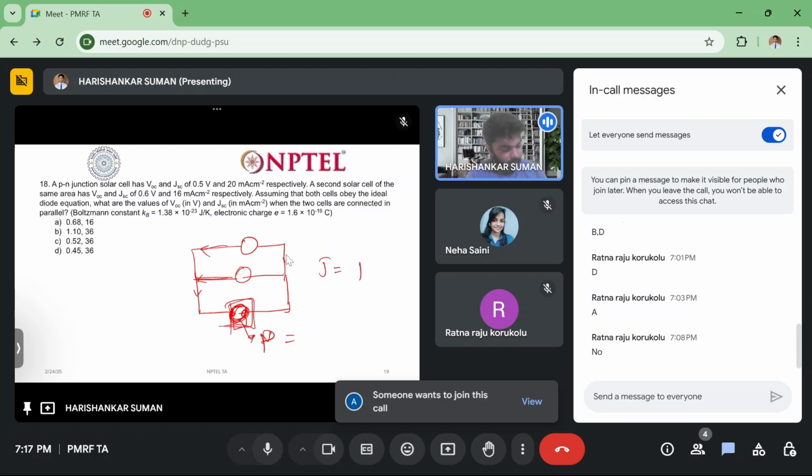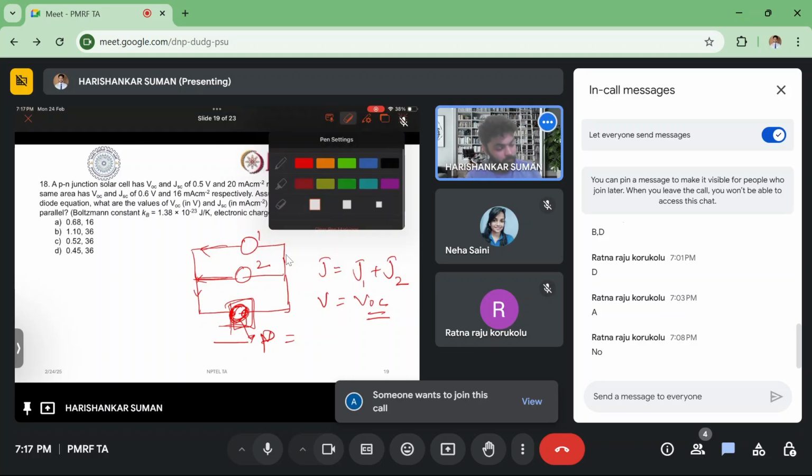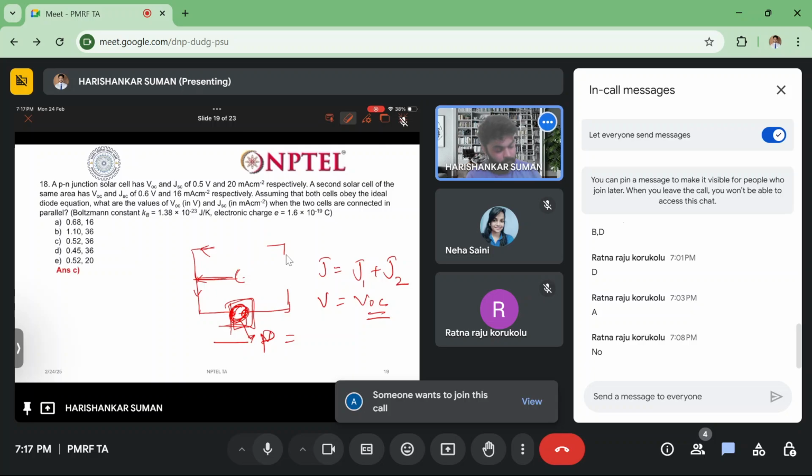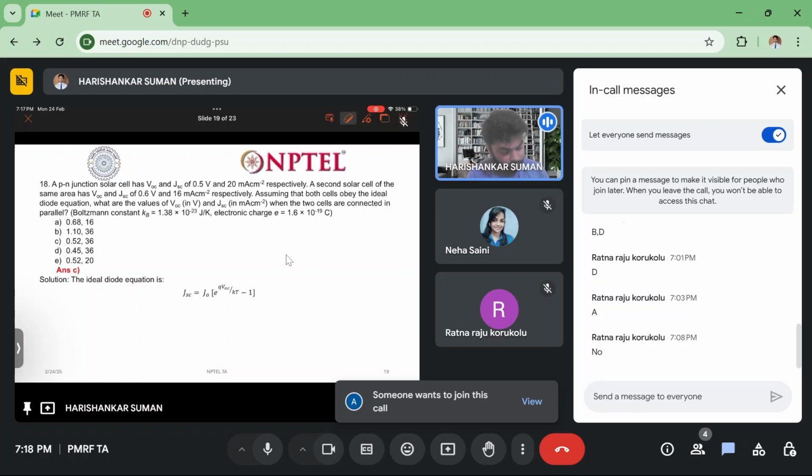The total current is J1 plus J2, for first and second, and V is the same for both. Okay, so let's see the answer solution. We know the diode equation.